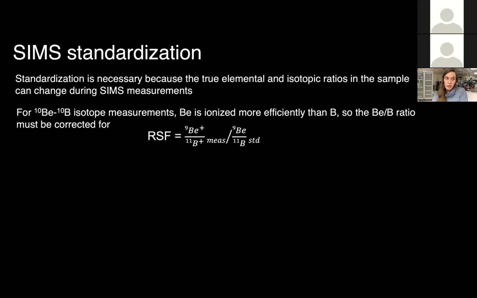So this is why we need standardization. SIMS standardization is necessary because the true elemental and isotopic ratios in the sample can change when you actually measure them. So in this case, beryllium is ionized more efficiently than boron, so the beryllium to boron ratio must be corrected for using this formula of relative sensitivity factor.